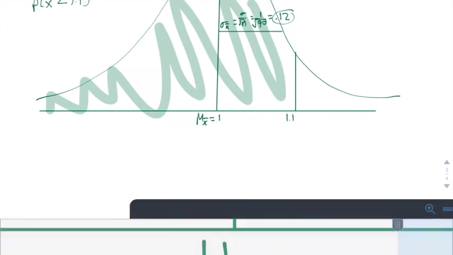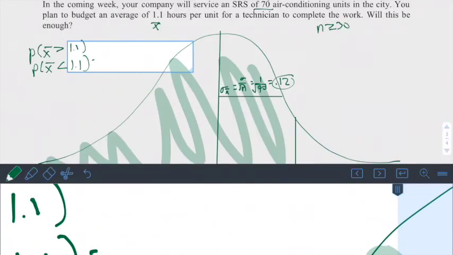So there's about an 80% chance that it will take less than 1.1 hours. So that's pretty good. So will this be enough time? It's really, really likely. 80% chance that this will be plenty of time.